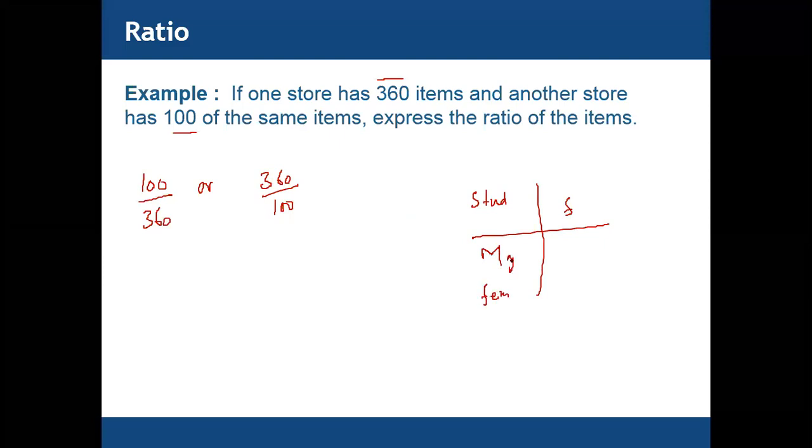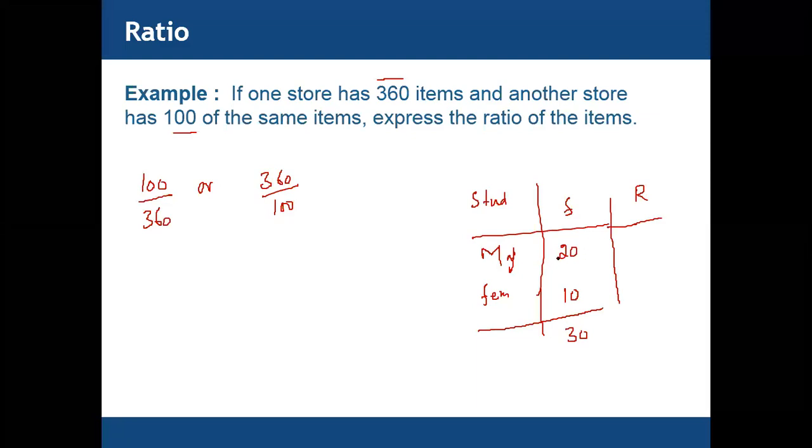Let's suppose in your class there are 20 male students and 10 female students. So the total number of students is 30. How can you find the ratio of male and the ratio of female in your class? Or the ratio of male students to total students and the ratio of female students to total students.